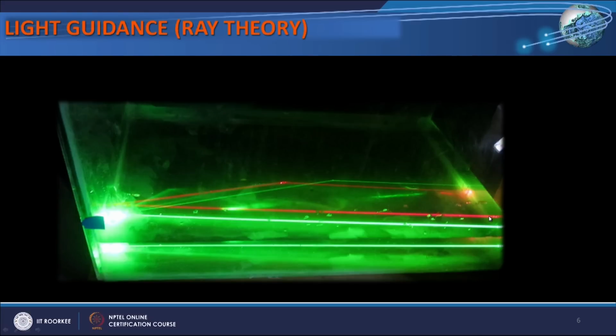This is one very simple experiment that you can do. You can fill a transparent tank with water and then you send the laser beam at different angles, and you find that if the angle of incidence is larger than the critical angle, there is total internal reflection at the interface of water and air.